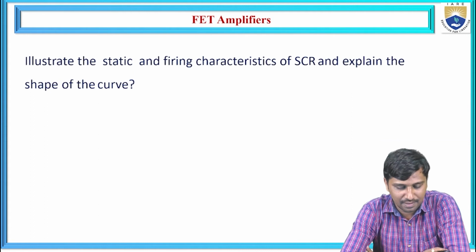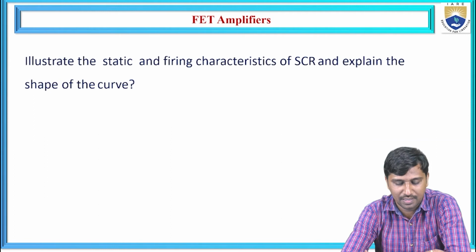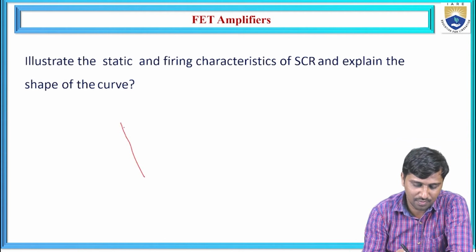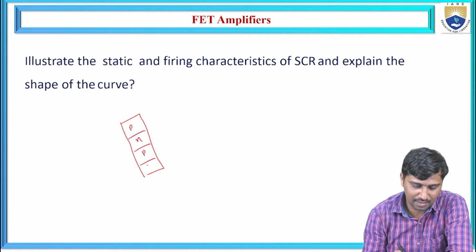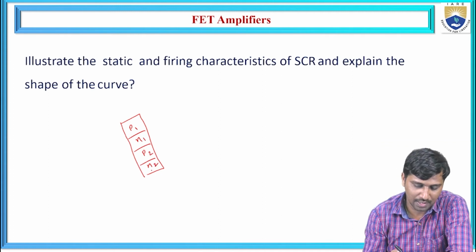Now, illustrate the static and firing characteristics of SCR and explain the shape of the curve. For this case, we should identify the static characteristics. Generally, the SCR is made up of four layers, represented as P, N, P and N, that is P1, N1, P2 and N2.